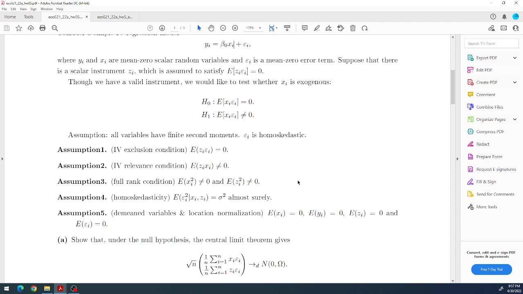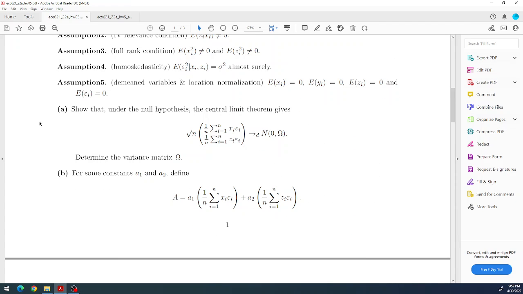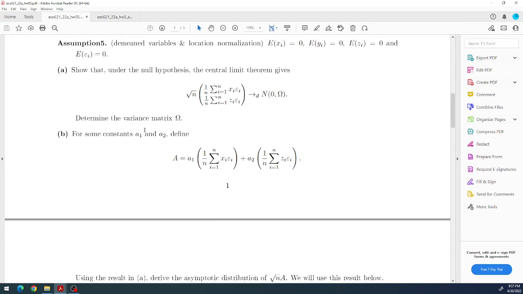So okay, let's see. First, part A and part B is more like a preliminary result. By the way, there are many different ways to implement the same thing and to prove the same result.